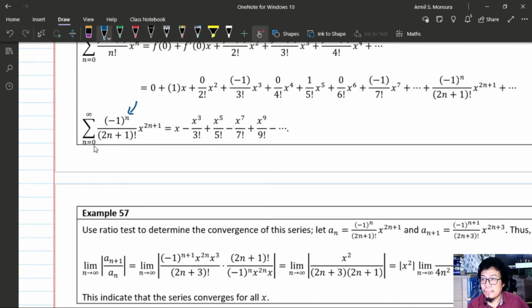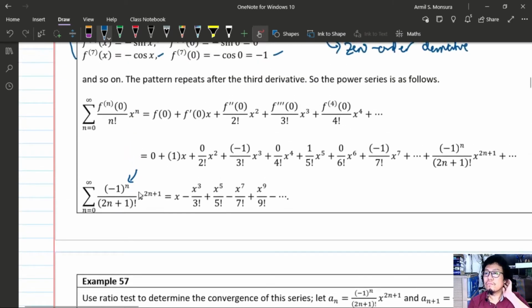Again, if you start at n equals 0, the exponent is 0 for the first term, which is positive, which makes your first term positive. Subsequently, all of the odd terms would be positive also, and all the even terms would be negative when you start at n equals 0.